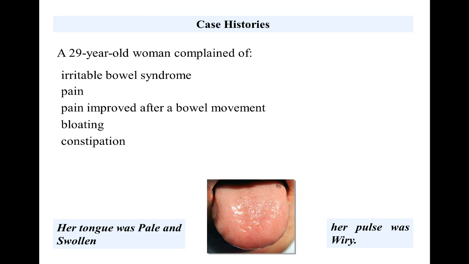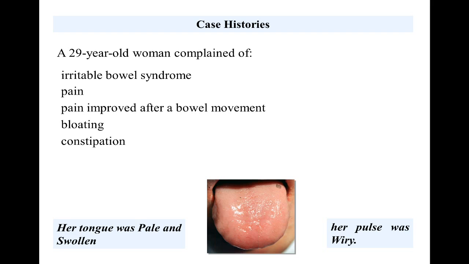And this was a young woman with irritable bowel syndrome. And notice the symptoms there. You must always ask about the symptoms to identify which of the three is predominant. Here there is pain, bloating, constipation. Pulse is wiry, but the tongue was pale and swollen, which is interesting.